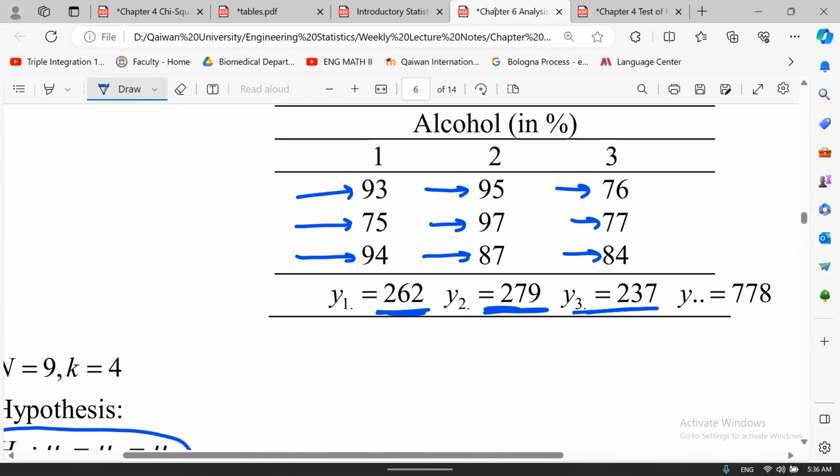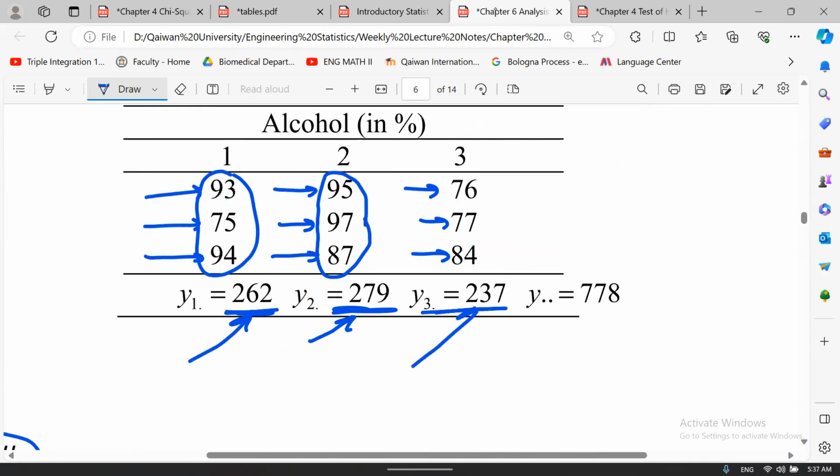We have these. At this level, 262 squared dividing by the number of elements at this level, which is 3. Then y2 dot, which is 279 squared dividing by the number of elements at this level, which still is 3. And also 237 squared dividing by 3.